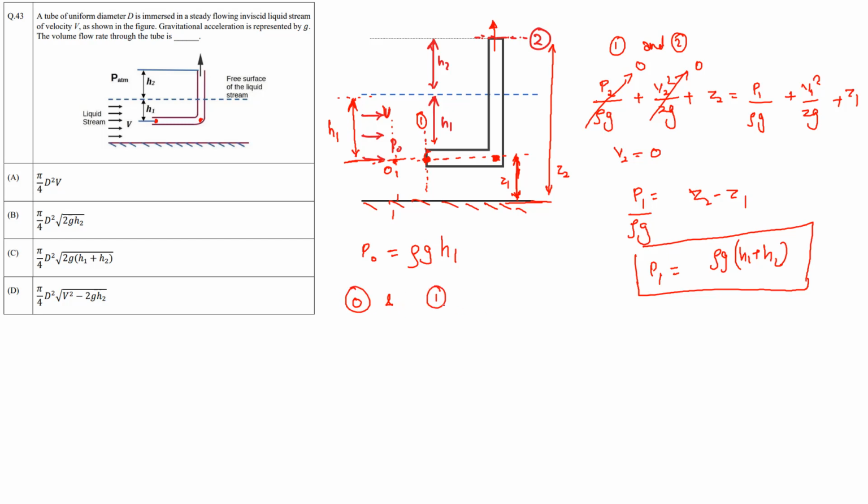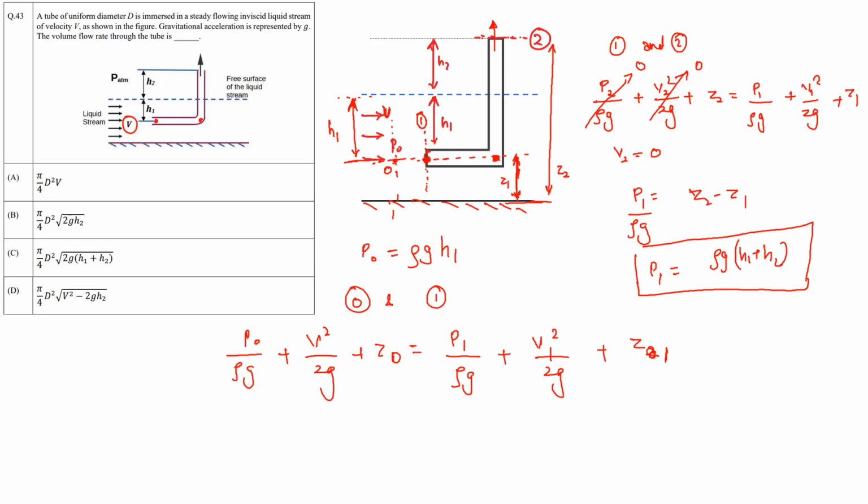If you apply Bernoulli's equation between 0 and 1, you can say that P naught over rho g plus V square over 2g, where V naught is just V because they have given us some constant velocity stream, plus Z0, will be equal to P1 over rho g plus V1 square over 2g plus Z1.